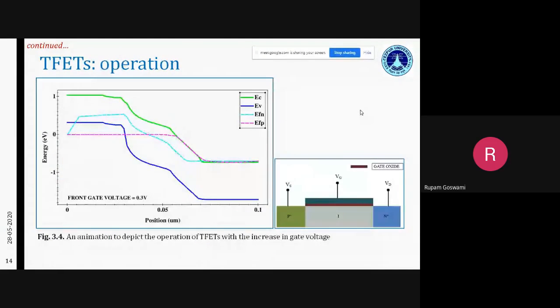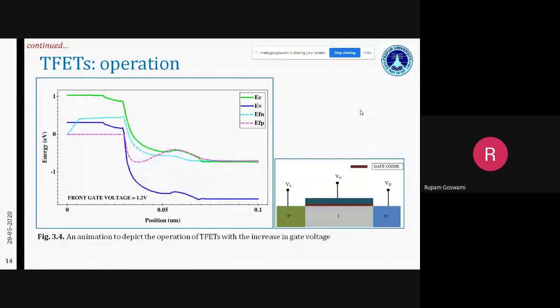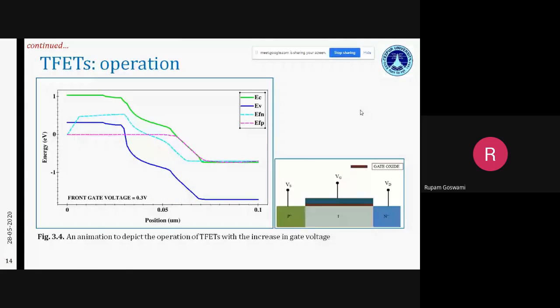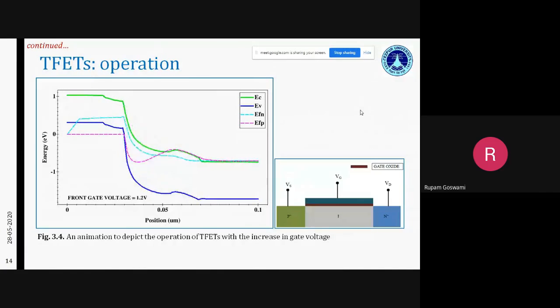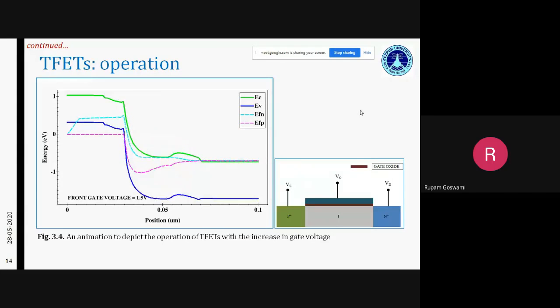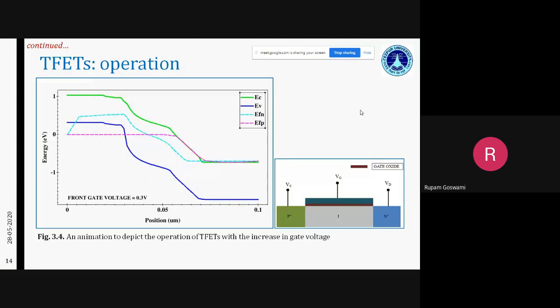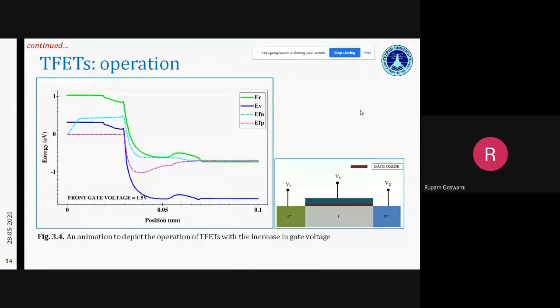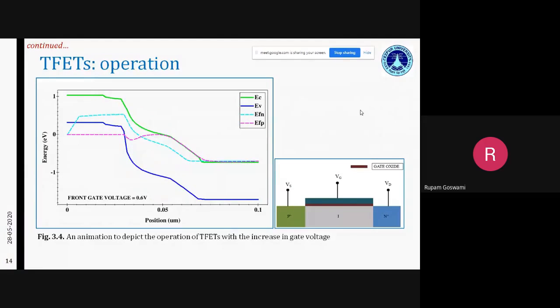So this slide shows an animation of the operation of conventional TFET. Okay, so what you see is the bending of bands and the creation of the tunnel window when the front gate voltage increases. So the front gate voltage is actually the gate voltage we are talking about, because there is a single gate. In case you had a double gate, then the front and the back gate voltages would matter.